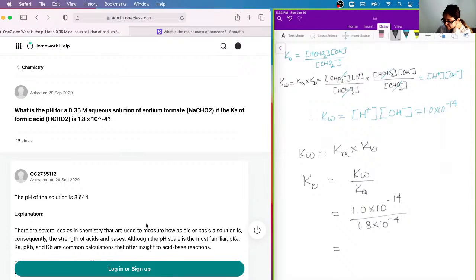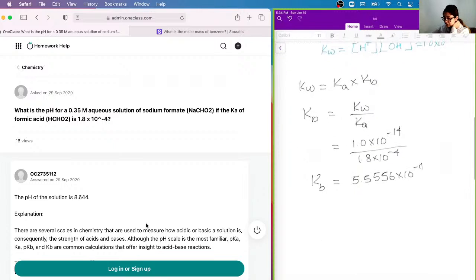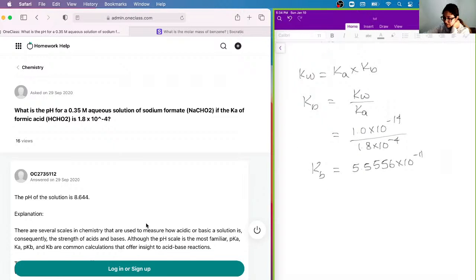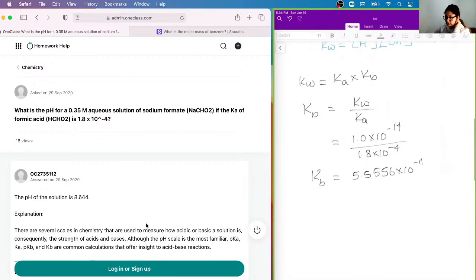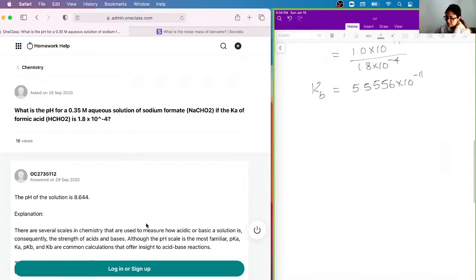So then our Kb is 5.5556 times 10 to the power negative 11. So since we found Kb, this is equal to our Kb expression, right? And so what we have to do next is create an ICE table.